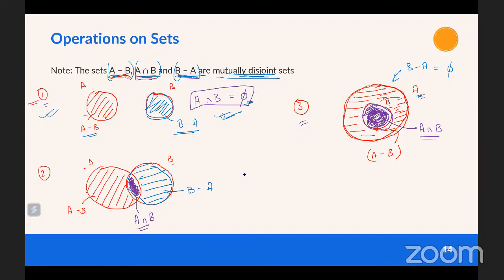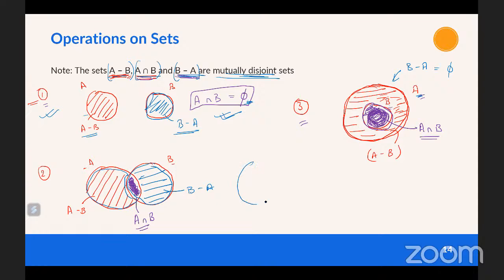In this case, you can divide it like this. So this is the set A. The common area is A intersection B. This is the set A minus B, this region, this one. Let me draw it more clearly. So here, this part, I'll draw separately, okay? This part.